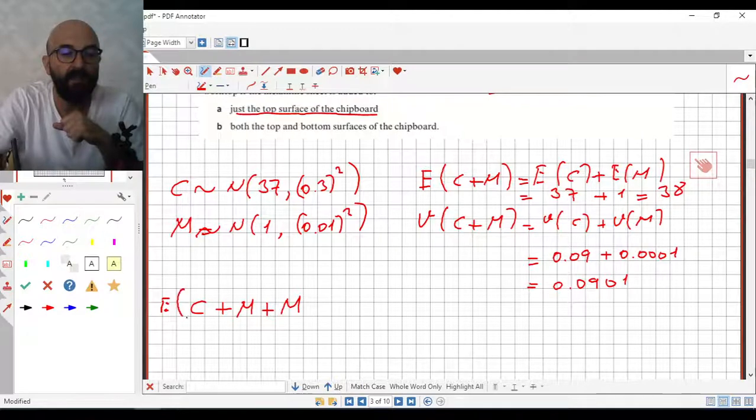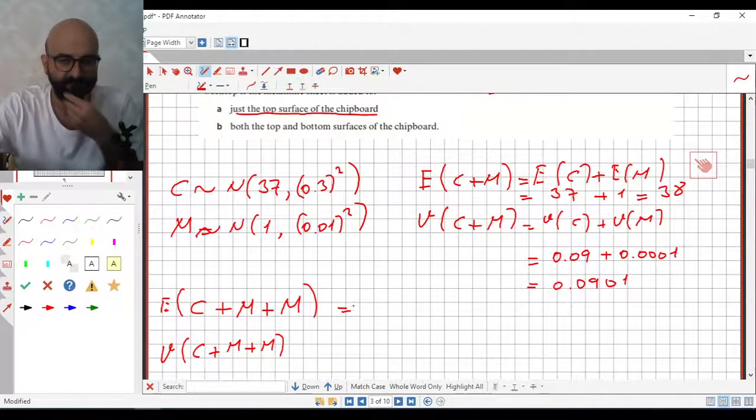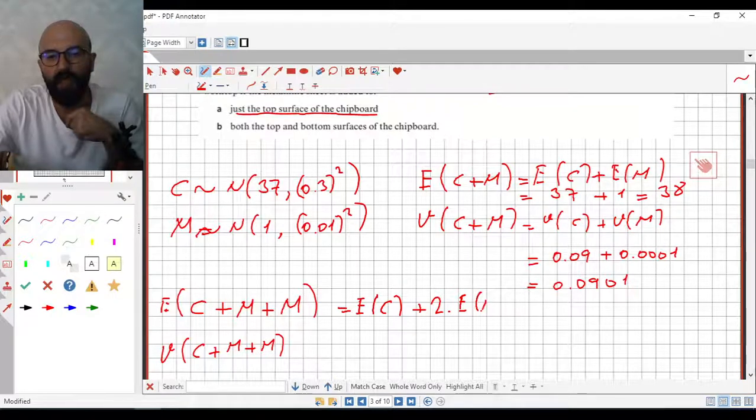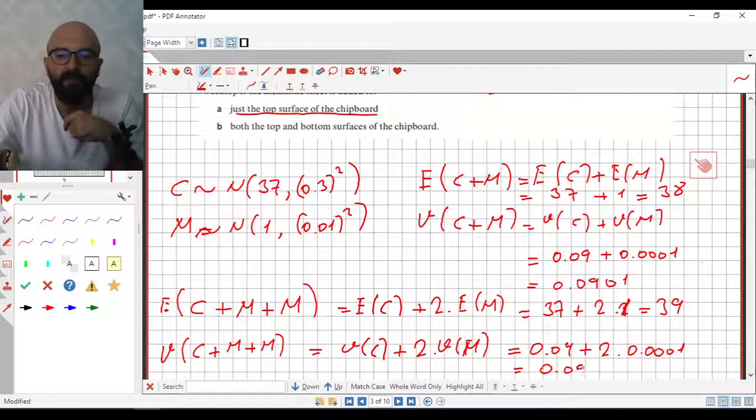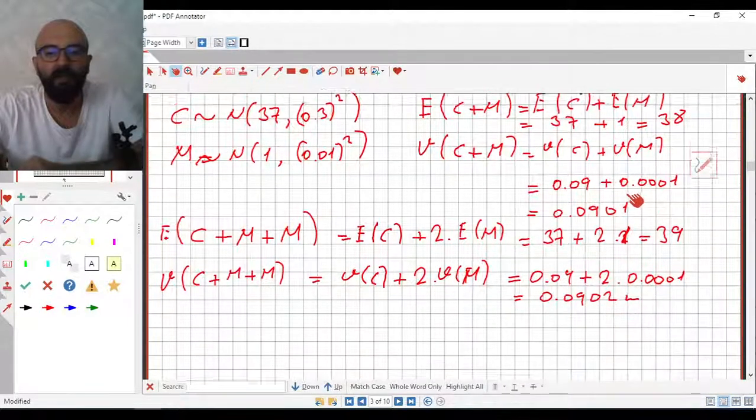So we find the expected value and variance of C plus M plus M: the expected value of C plus 2 times the expected value of M, and the variance of C plus 2 times the variance of M. It means 37 plus 2 multiplied by 1, which is 39, and 0.09 plus 2 times 0.0001, which means 0.0902.